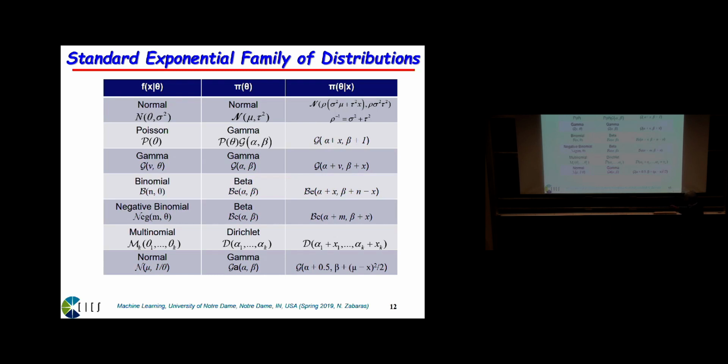The only thing you have to do is when you compute the posterior of the precision, instead of alpha and beta, update the parameters the way you see here. And again, this is for one data point, and I believe the table in Wikipedia gives you for many data points as well. So instead of x's, you have the sufficient statistics of x that come in the picture.